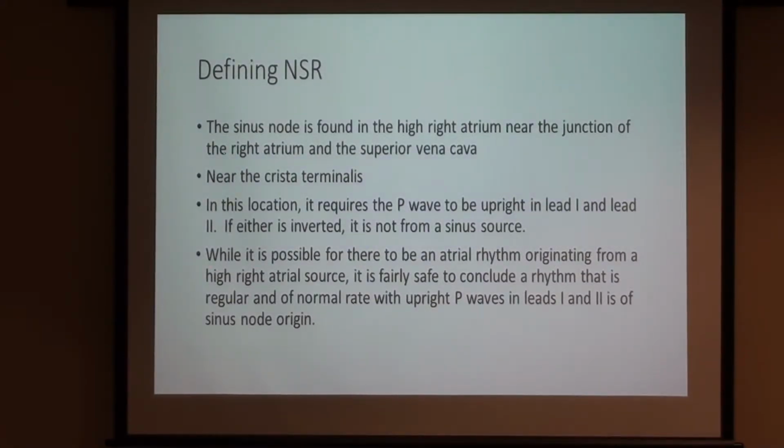Now, as my disclaimer was, it is theoretically possible to have an atrial rhythm where the atrial rhythm is being generated just slightly outside of the sort of SA node and is not technically exactly sinus rhythm, but those are pretty uncommon. And you need to get trained professionals involved if you're going to try to sort something out beyond that. But I think for 9,999 out of 10,000 EKGs, this rule holds, okay?